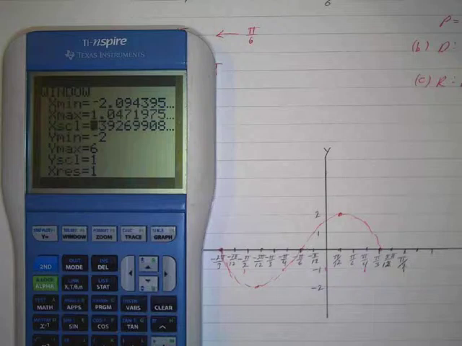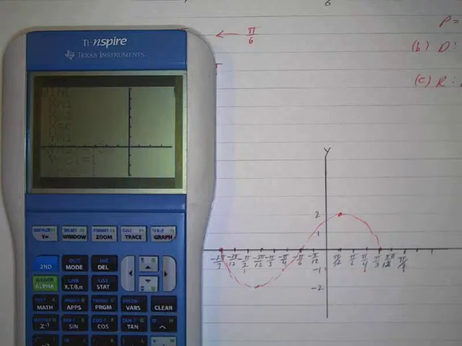And I'll make my scale pi over 12. And over here, I just can go from negative 3 to positive 3. That should be okay. Scale 1, let's graph this. And you can see that's what we've got. And there's one period right there.